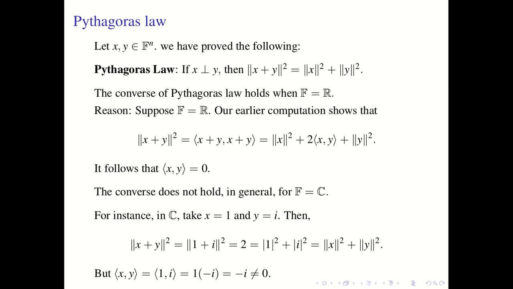This inner product xy plus inner product yx is the same as 2 times inner product x comma y. But then this is equal to norm of x square plus norm of y square implies that inner product xy is 0. That is, x is orthogonal to y.